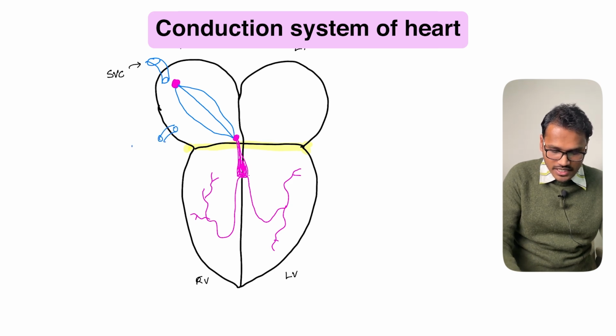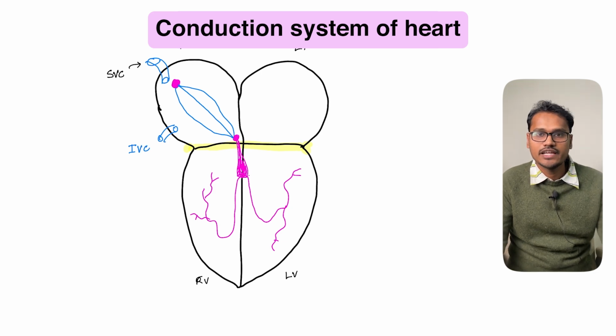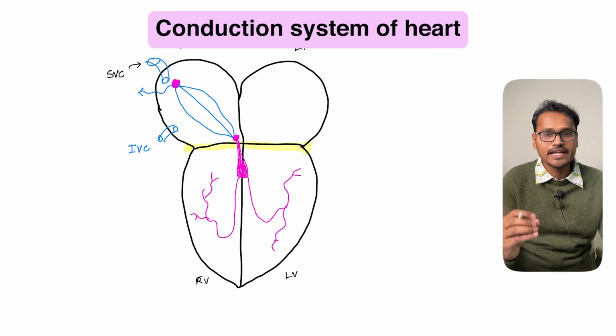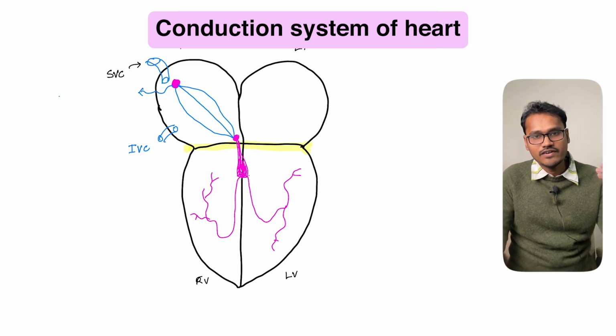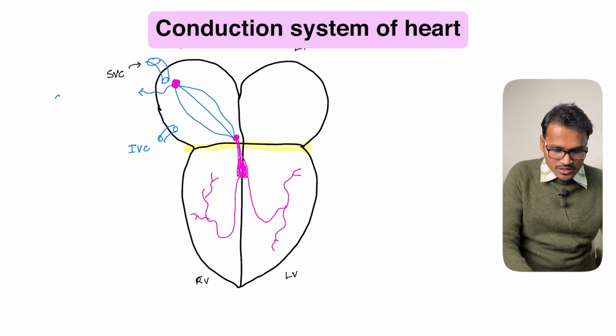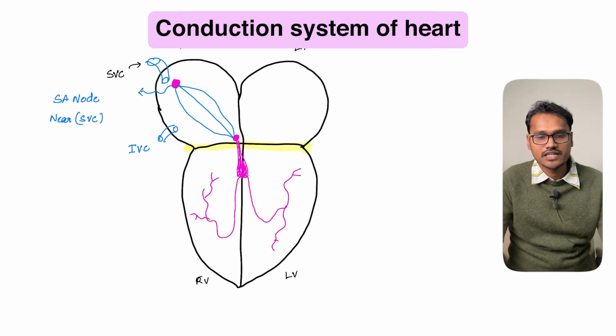The node on the topmost region of the right atrium, where the superior vena cava drains into it, is called the SA node. So what is its location? Near the SVC, where the superior vena cava is draining.